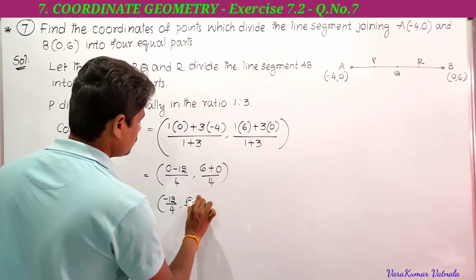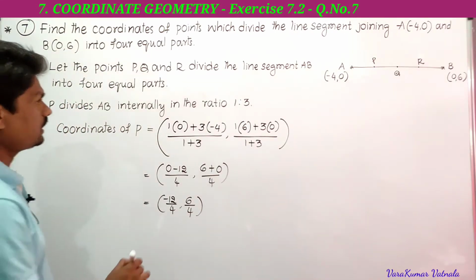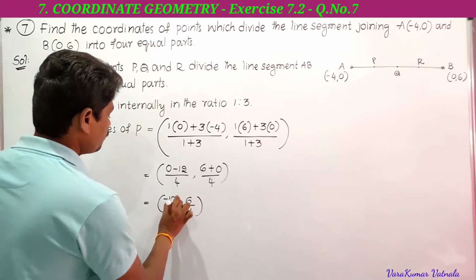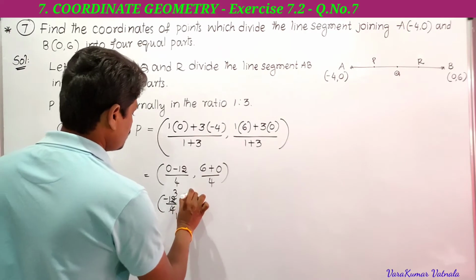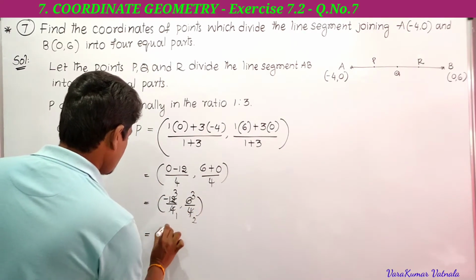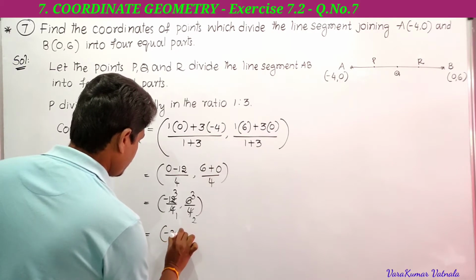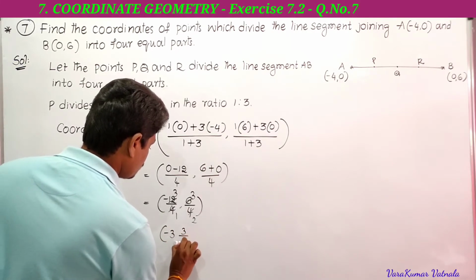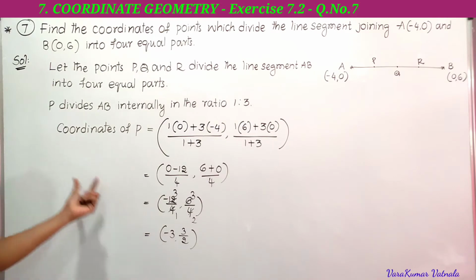Here we can cancel: 4 3s are 12, and 2 3s are 6, 2 2s are 4. So now -3, 3/2. These are the coordinates of point P.